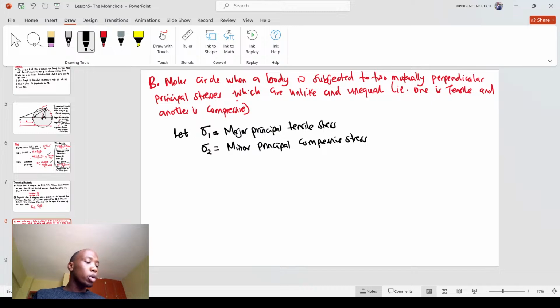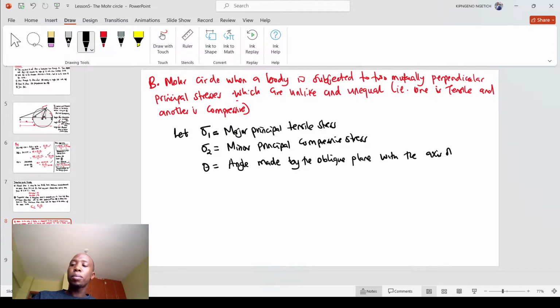And let theta be the angle made by the oblique plane with the axis of minor principal stress.